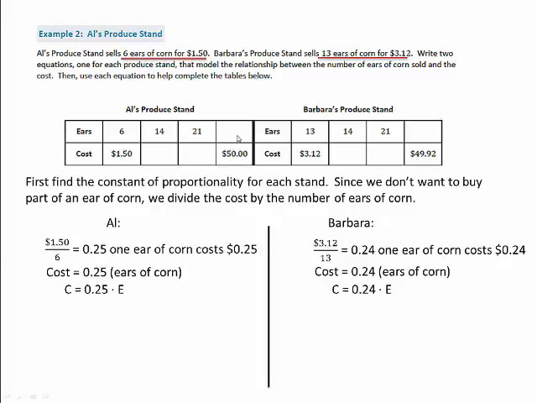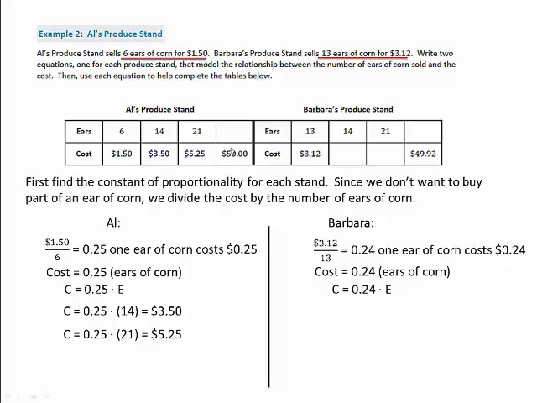Let's fill out the table for Al's produce stand next. If we know that we're going to buy 14 ears of corn, we can substitute 14 in for E and then multiply by 25 cents. And we'll get $3.50. If we want to find how much it costs for 21 ears of corn, we do the same thing, only we substitute 21 for E, and we get $5.25.